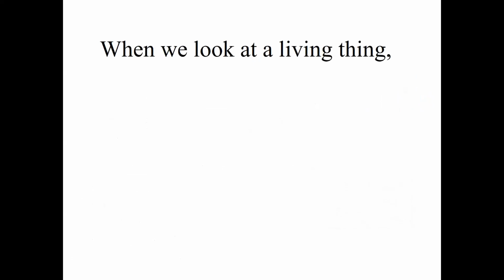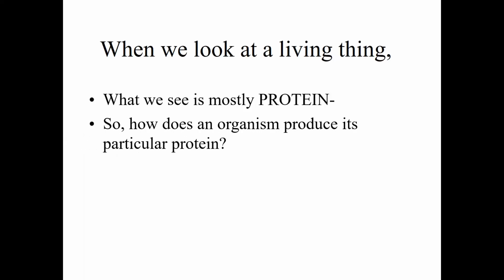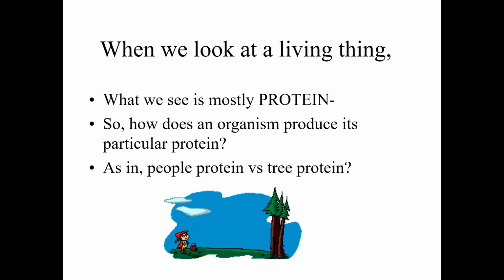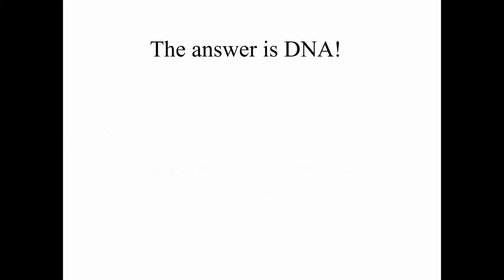When we look at a living thing, what can we see? We mostly see the protein. So how does an organism produce its particular protein is a fundamental question. As in people protein versus tree protein, there are some differences. So the answer is DNA.